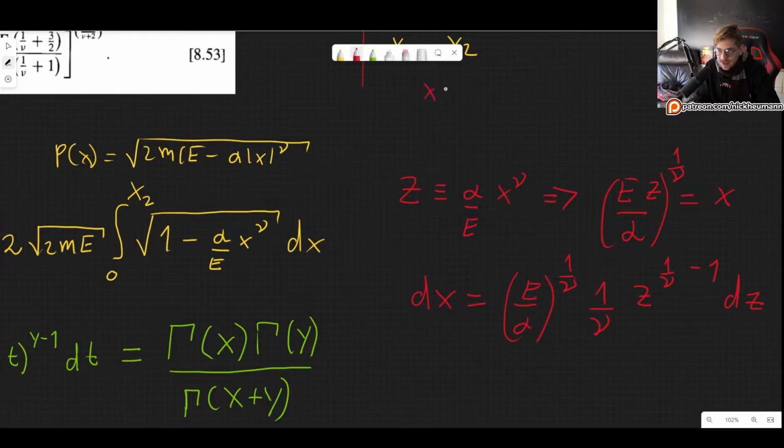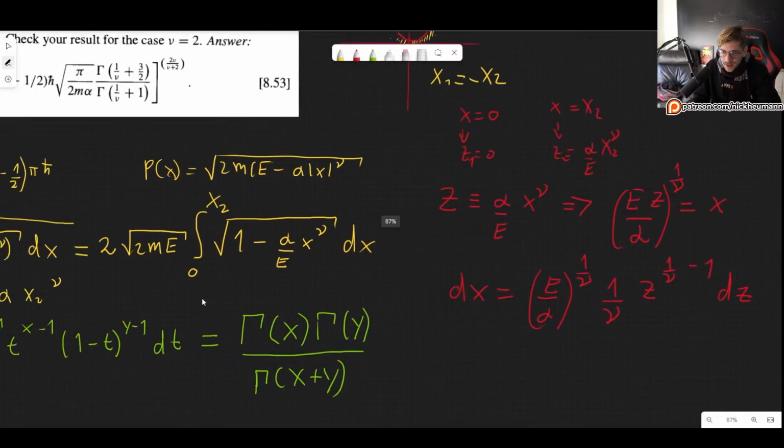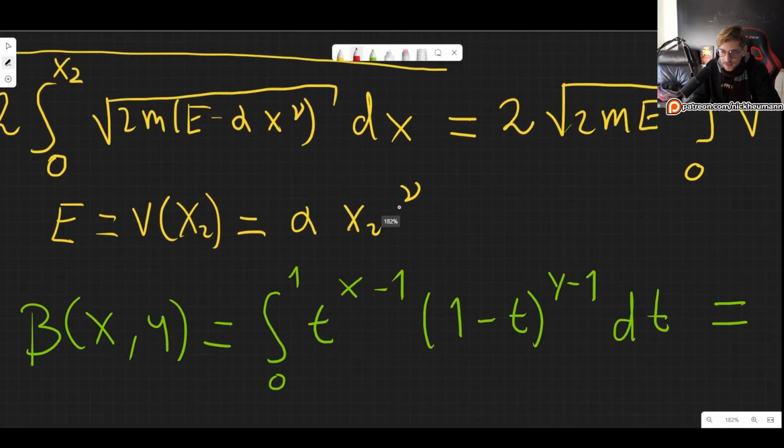So when x used to be equal to 0, now we get, well, 0 again. And when x used to be equal to x2, now we get, let's see, z2, perhaps, let's call it that way. This is equal to alpha over e x2 to the nu power. Now, this doesn't look good, but let's look at what we found before, because we saw that the energy is equal to alpha x2 to the nu power.